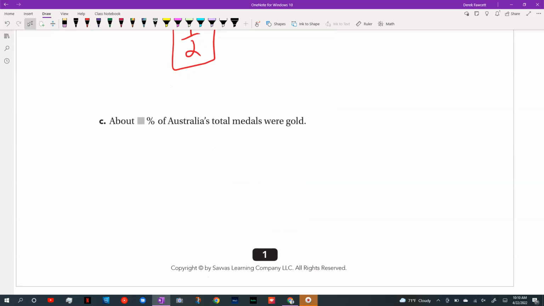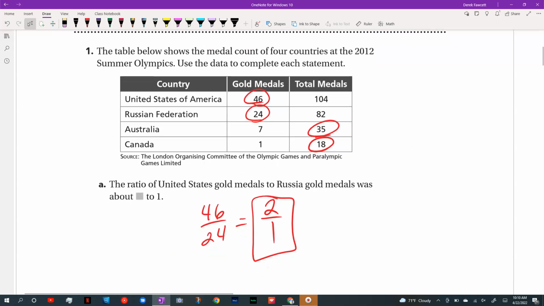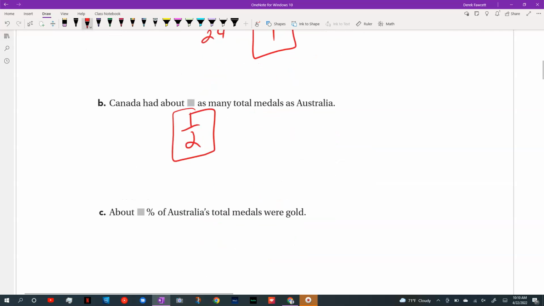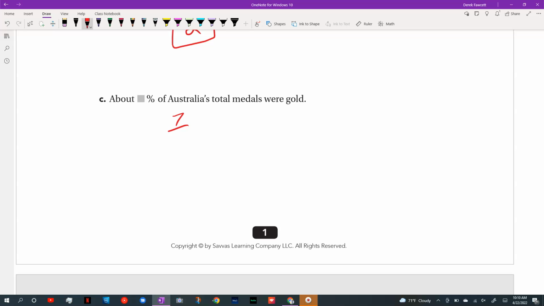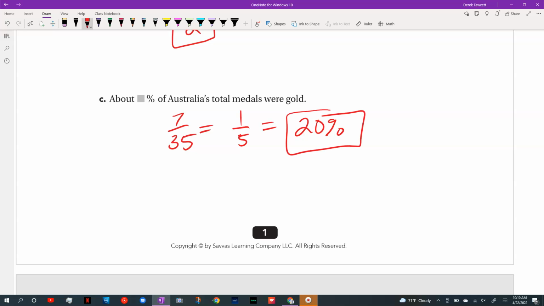About what percentage of Australia's total medals were gold? If you look at Australia, 7 were gold, so it would be 7 to 35. And you just have to figure out what percent that is. That's the same as 1 over 5, and you should be able to recognize that as 20%. That's what I was looking for there.